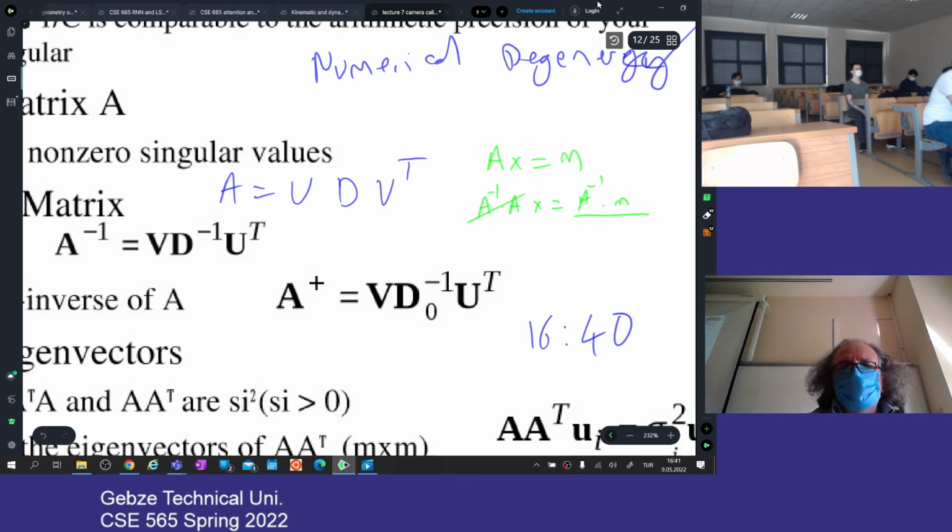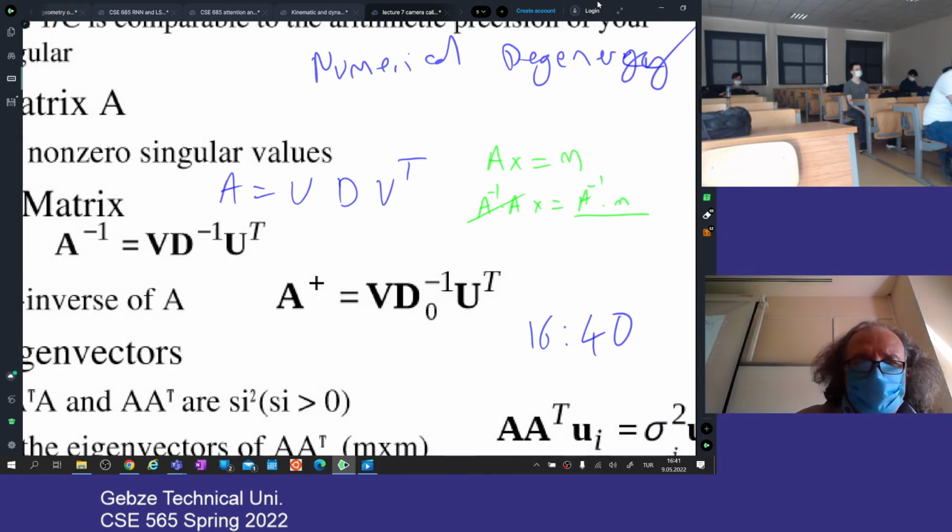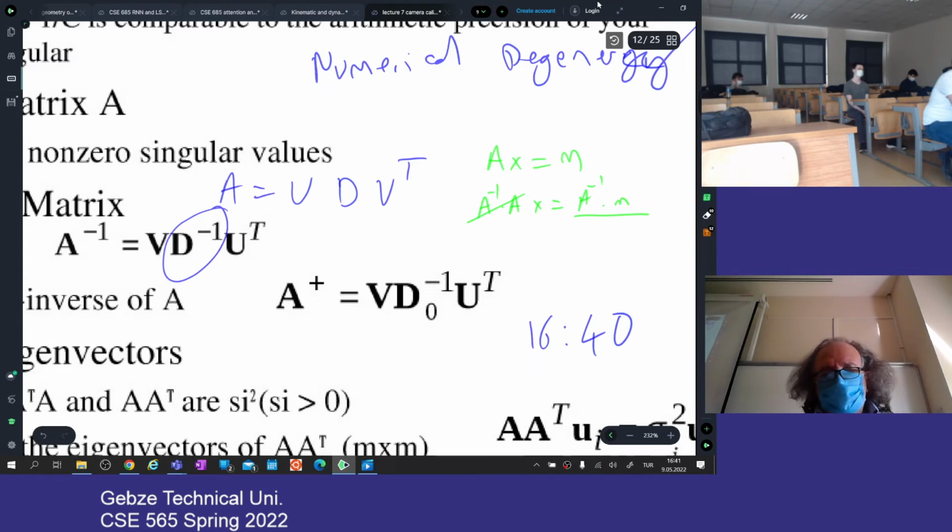You take V and put it at the beginning, you put U at the end by taking its transpose, and you multiply the inverse of D in between them. That will be the inverse of matrix A. So this is much easier.